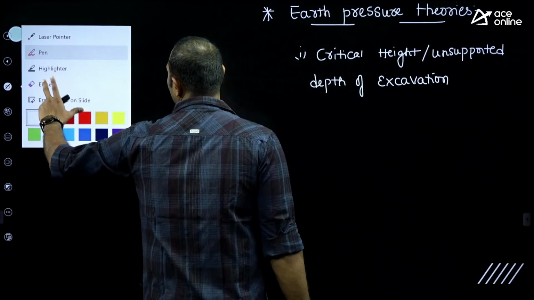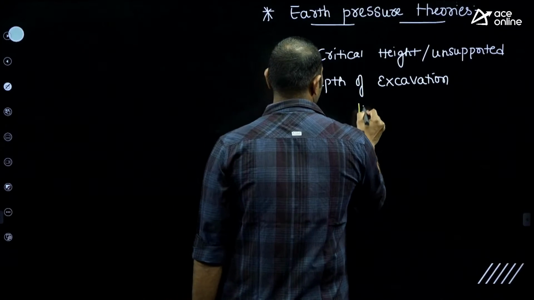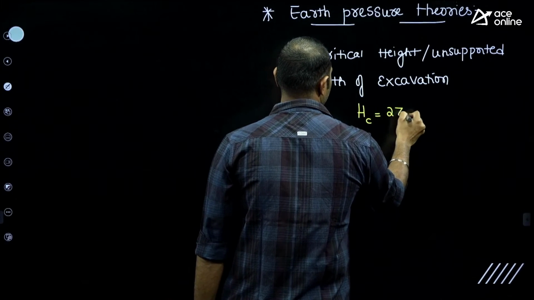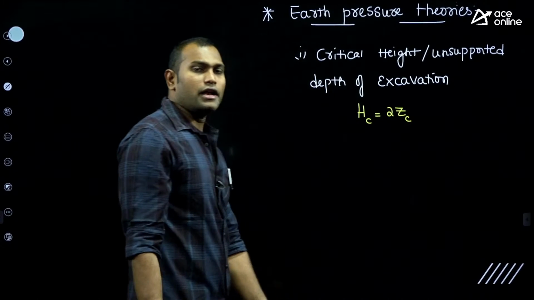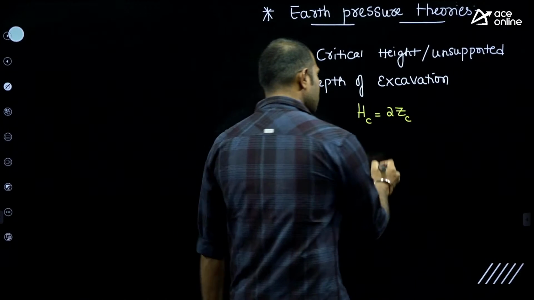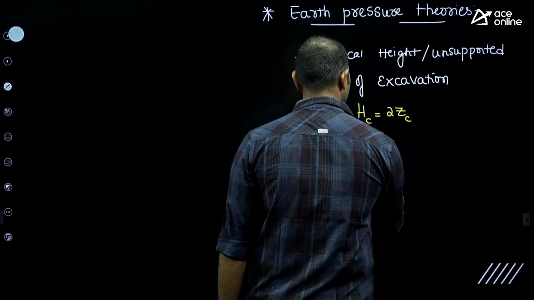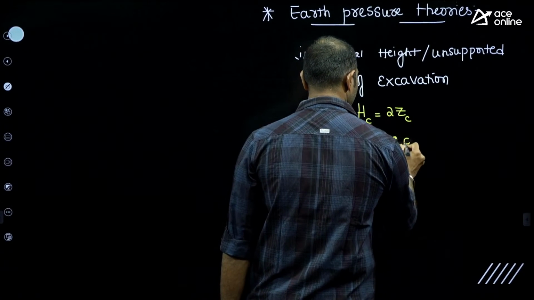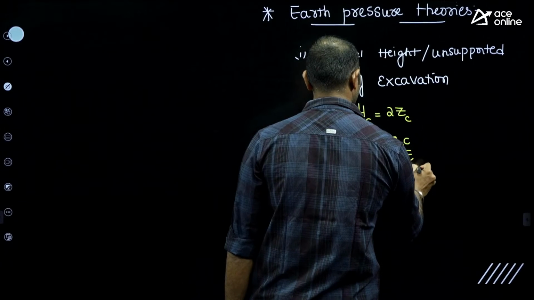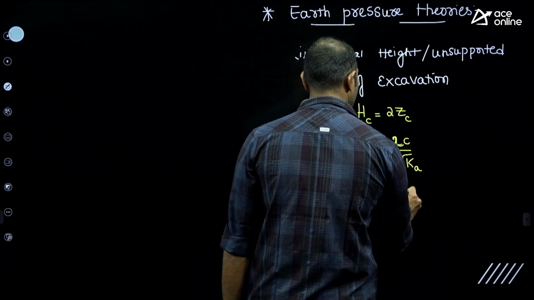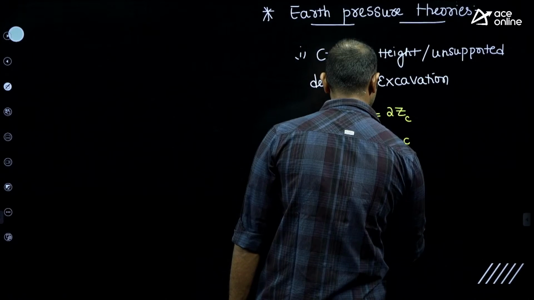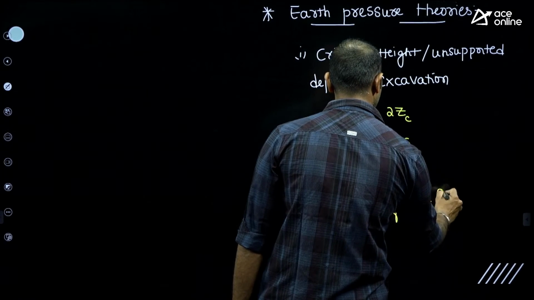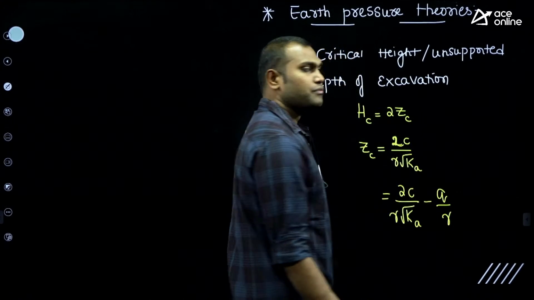So this topic, we can see that critical height is nothing but 2 times ZC. And if there is no surcharge, ZC is equal to 2C by gamma root Ka. And if there is a surcharge, then this is going to be 2C by gamma root Ka minus q by gamma.